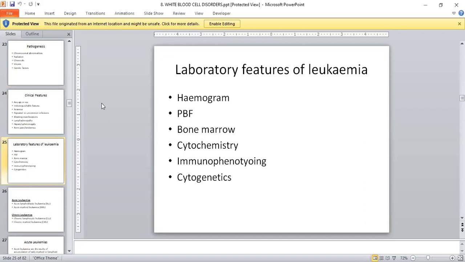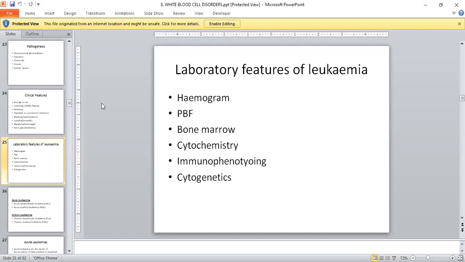So lab features, some of the tests you can do, you can do a full hemogram. It will show you the pancytopenia that we're talking about. You can also do a peripheral blood film to just observe the blood cells under a microscope.